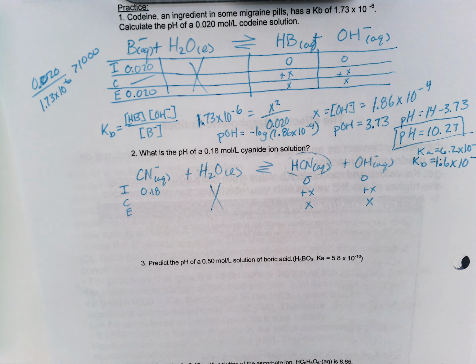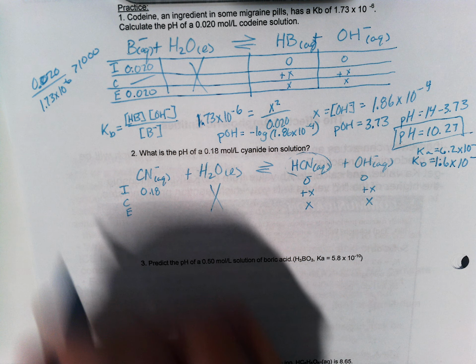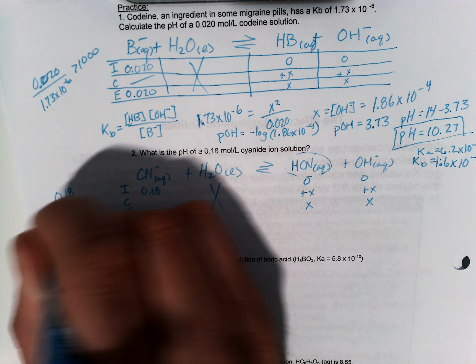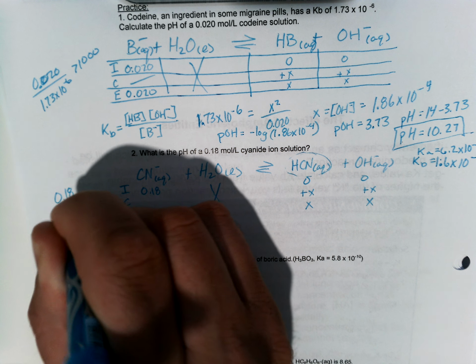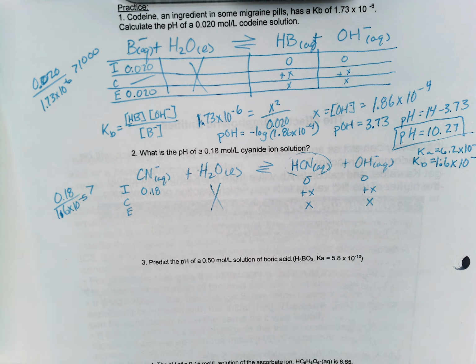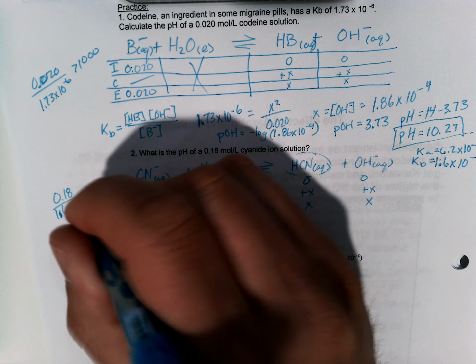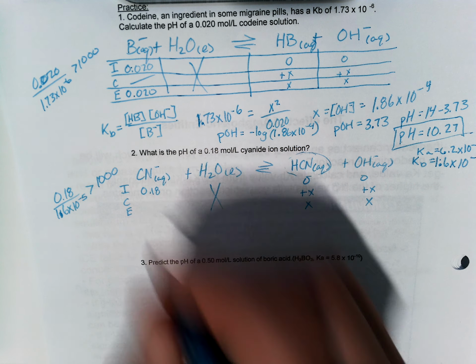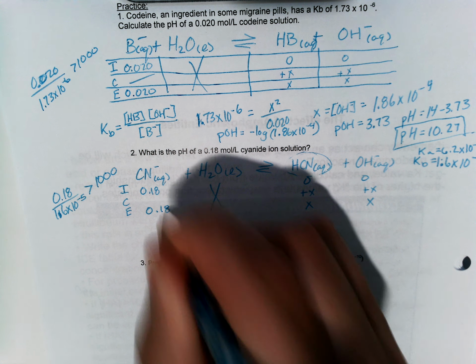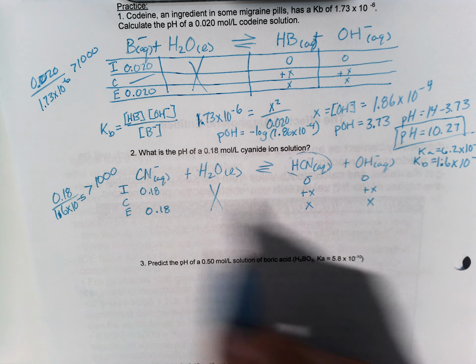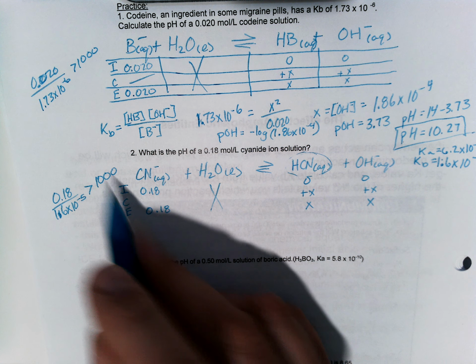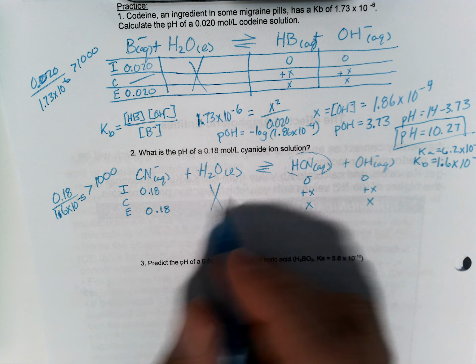Okay, now I can use that to find my rule of 1,000, so 0.18 divided by 1.6 times 10 to the minus 5. It's greater than 1,000, so I can leave this as 0.18. And now really I'm doing the exact same thing I did here. I'm not even going to write this out. I'll just put my numbers in.